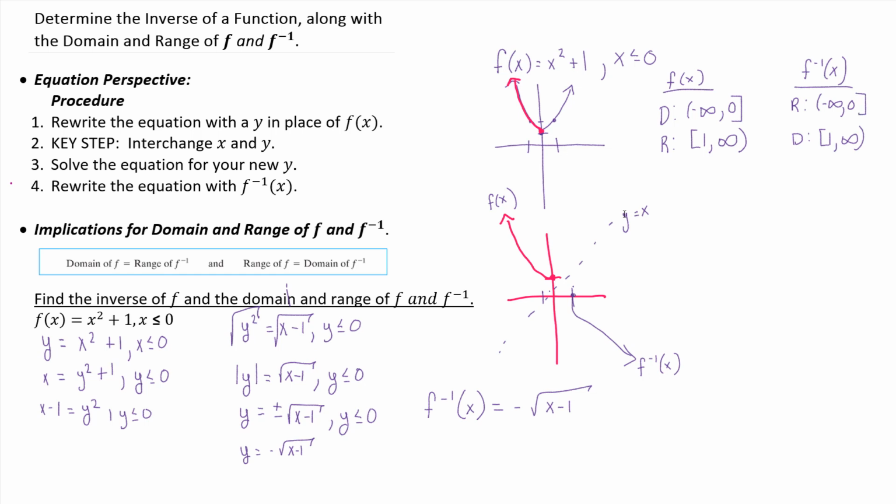So notice that the domain of f is the same as the range of f inverse, and the range of f is the same as the domain of f inverse. And that will always be the case as inverses swap ordered pairs. And again, their graphs reflect across the line y equals x.